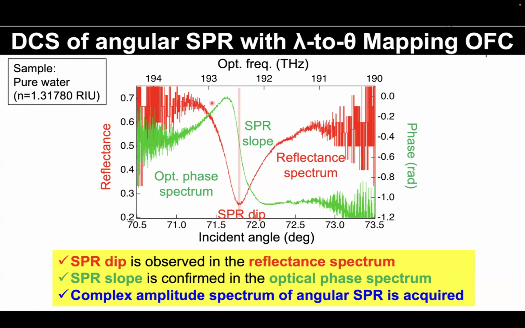In this case, the SPR slope appeared across the center of the SPR dip, like here. In this way, the complex amplitude spectrum of angular SPR was successfully acquired.